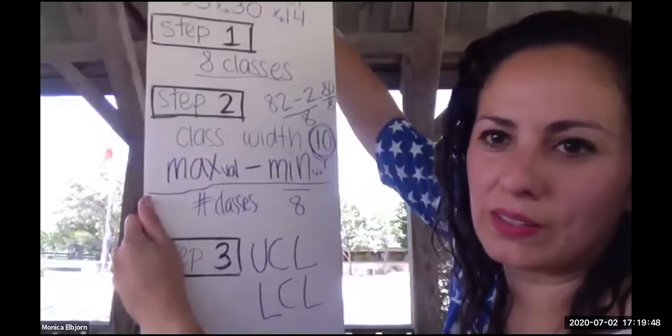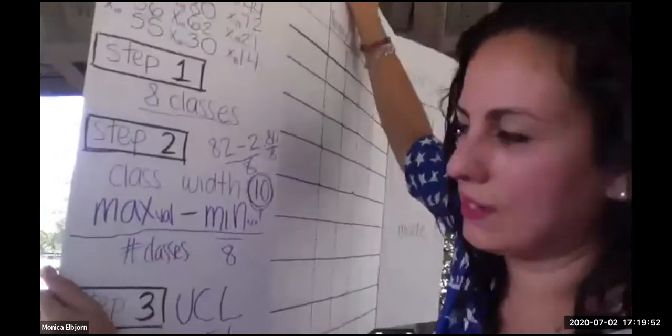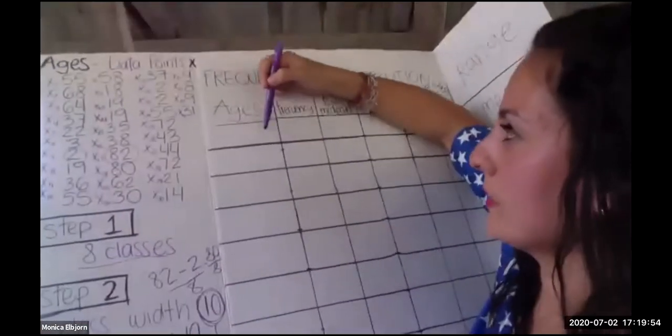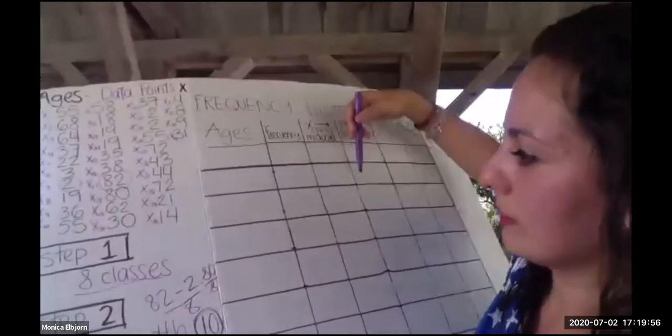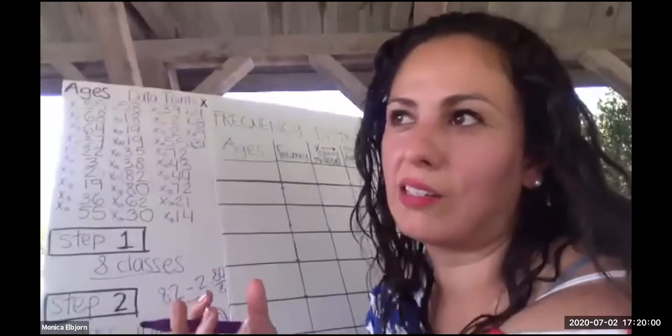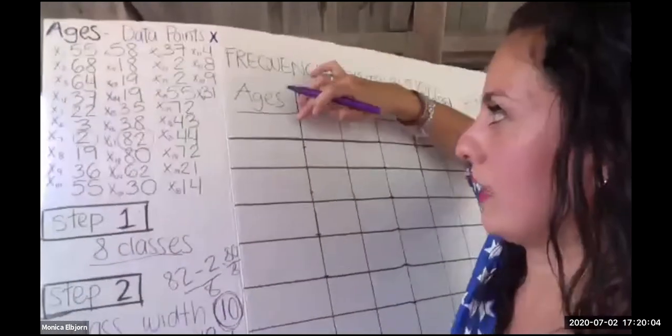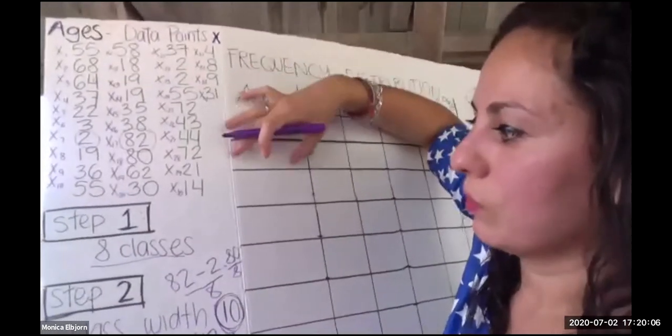What is a class or a group? I don't know if you guys remember, but these are called classes or groups. Remember with the Fruit Loops, the groups were the red or the green or the purple. So in this case, the ages will be our classes.